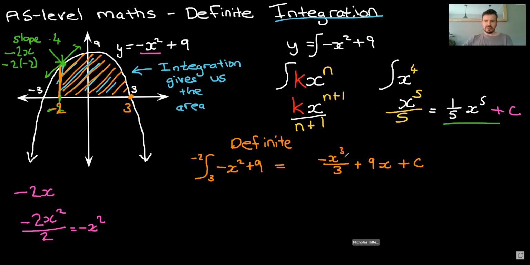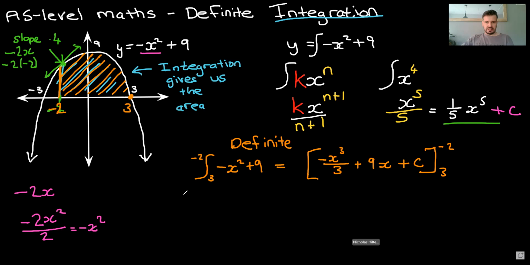Okay, so now that I've got the integral, I've still got to do the value between -2 and 3. I'm going to put a big square bracket there, -2 to 3, and that's telling me I need to take one away from the other. The first thing I'm going to do is one with the -2.